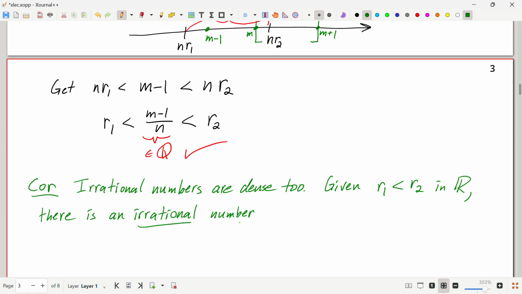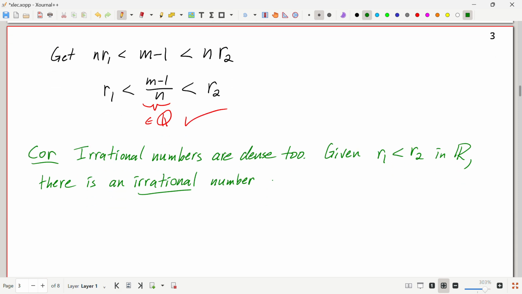What should I call irrational numbers? How about a Greek letter? C. Oh, C's are agony to draw. Tau. It's between the two. R1 is less than tau is less than R2.